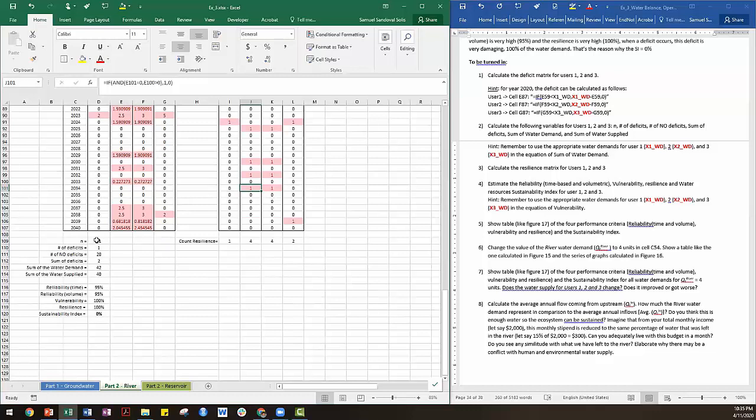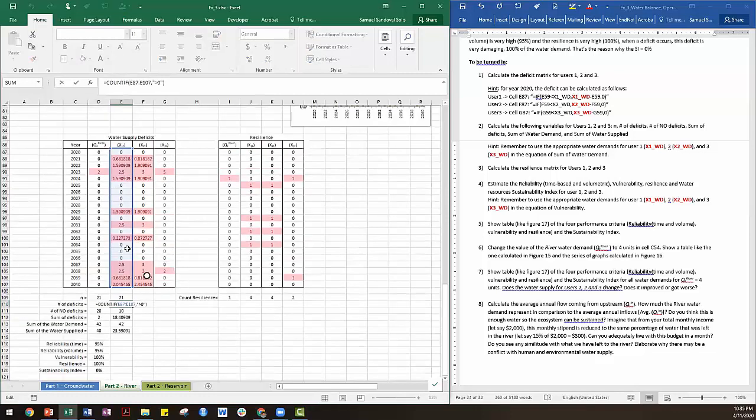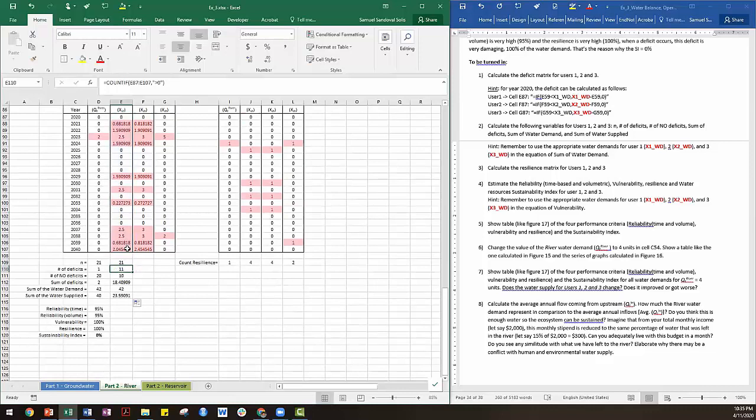And we can estimate this. And basically, what we're going to be doing here is, yeah, there is still 1. Here we have 11 that had a deficit. In this case, 10 that didn't have a deficit. The sum of the deficits is the sum of that vector. Here it will have to be 21 times x1 water demand, so 21 years times the water demand of that, and then this will be that difference.